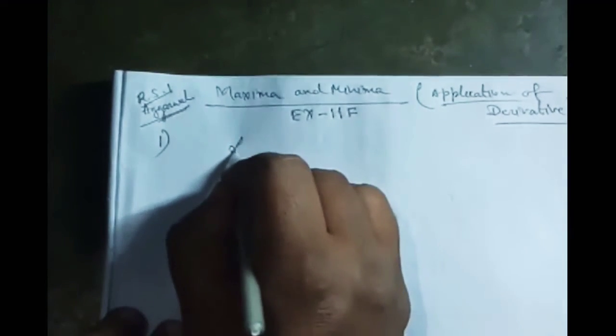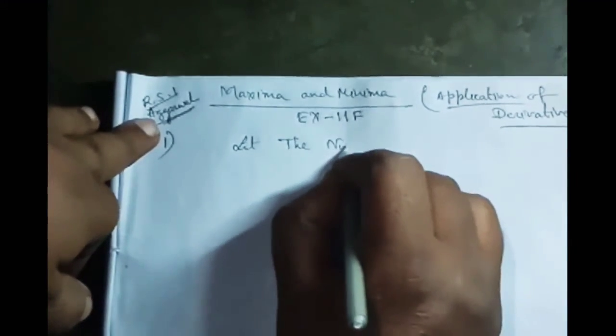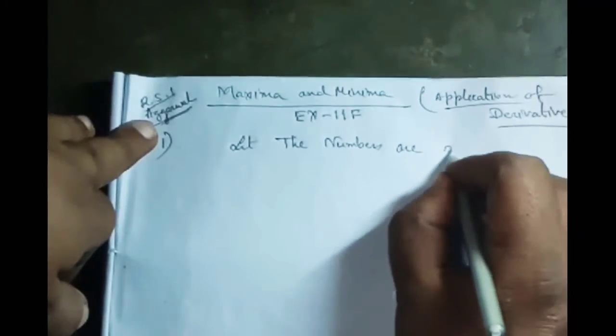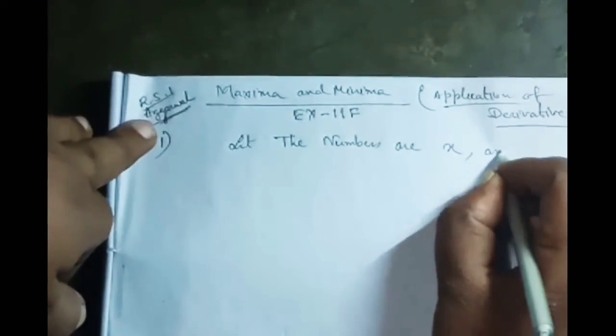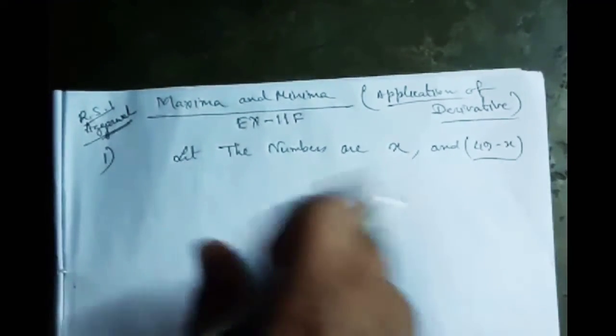So for that, let the numbers be x and 49 minus x.